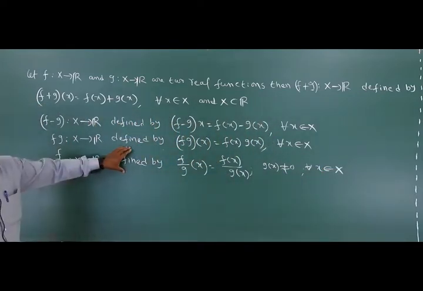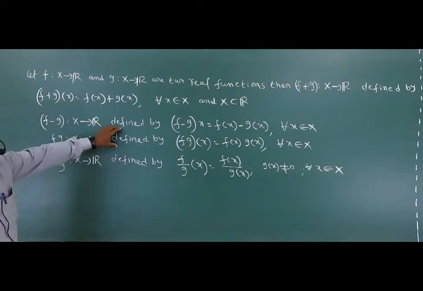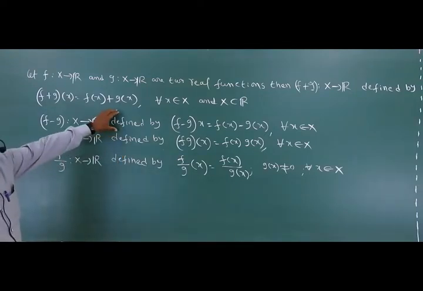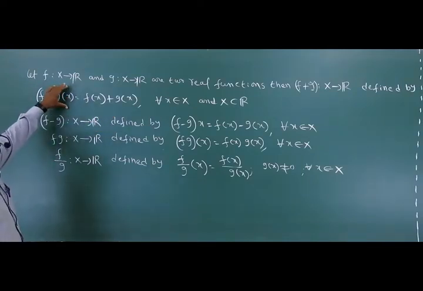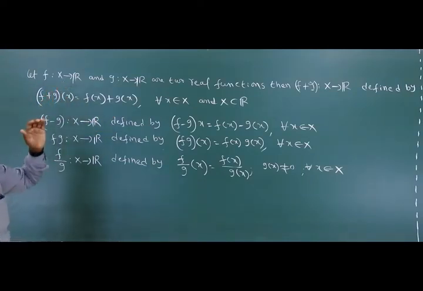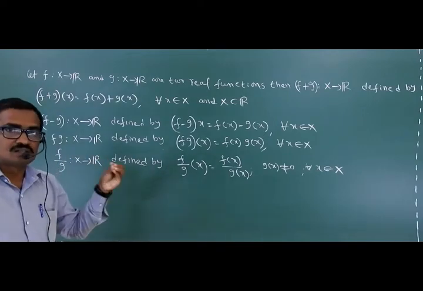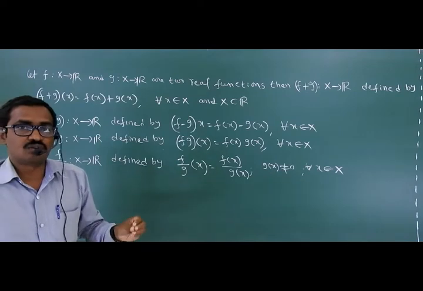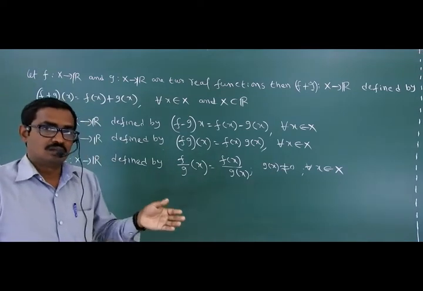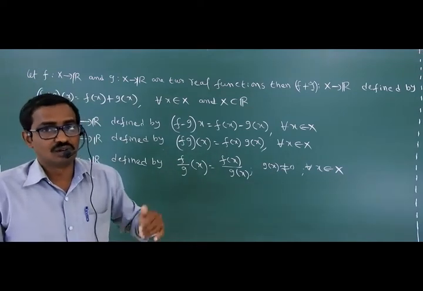This is the quotient of two real functions, and this one is the product of two real functions. This one is subtraction of one real function from another, and this one is addition of two real functions. So if you add any two real functions, the resulting function is also a real function. If we subtract one real function from another, the resulting function is also a real function.